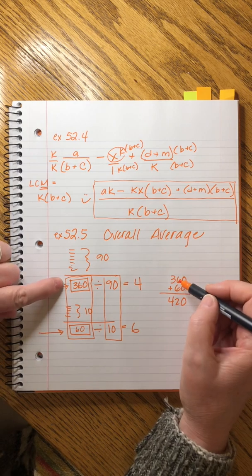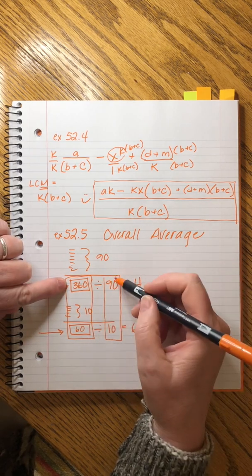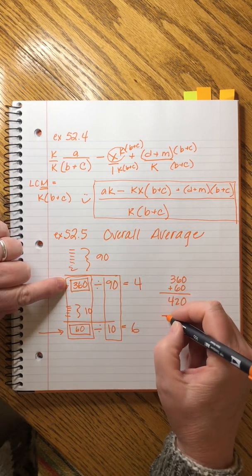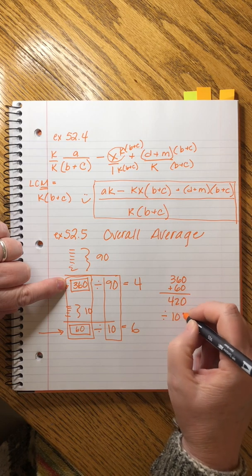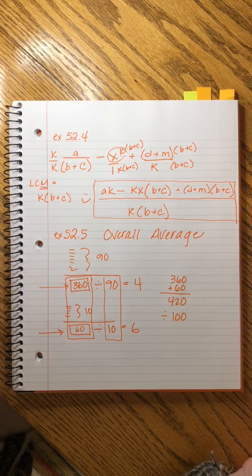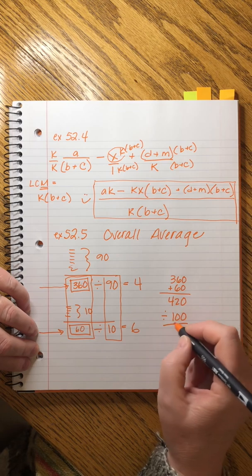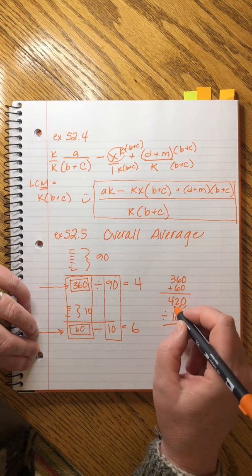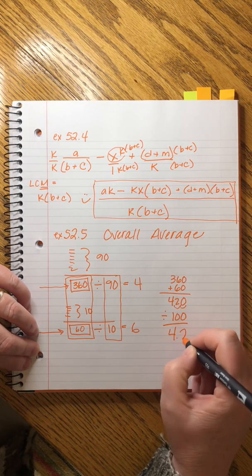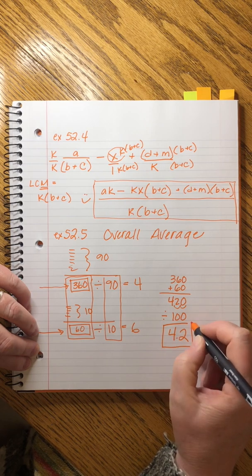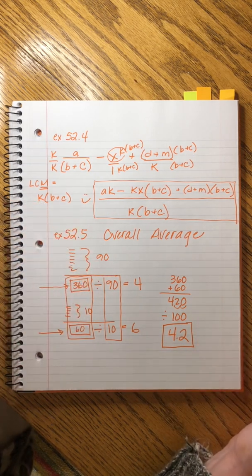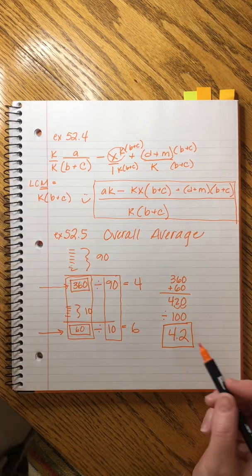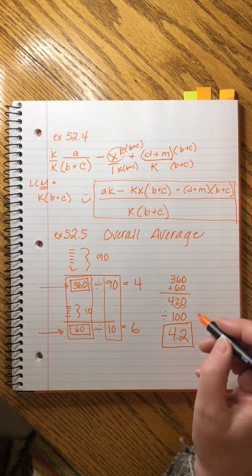So total value divided by total number of numbers, right? Equals, and I can do this in my head, dividing by 100 means move the decimal. So the overall average of all these 100 numbers, who we don't know, is 4.2.